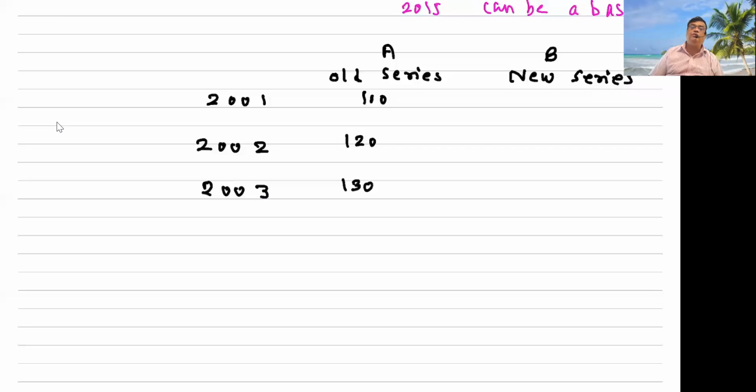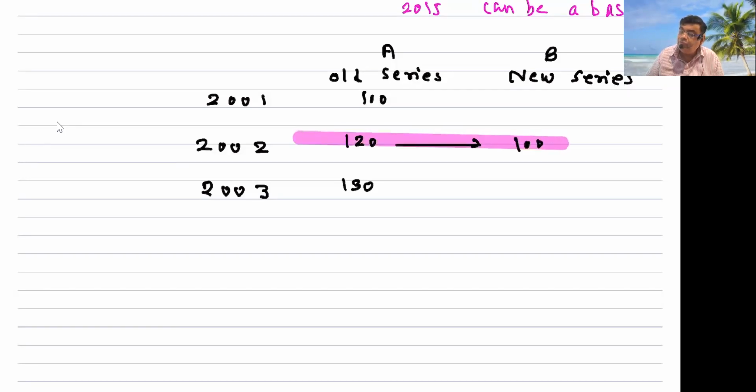अभी समझने की कोशिश करो. We will develop a formula from this. अभी इसको मेरे को 100 करना है. Tell me this year is called what?